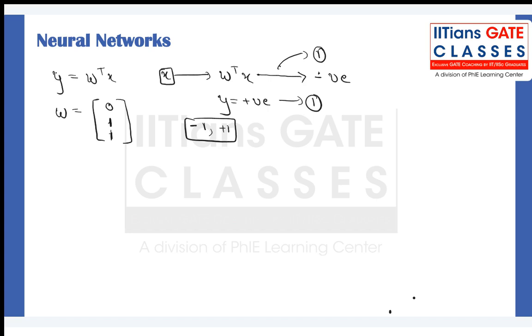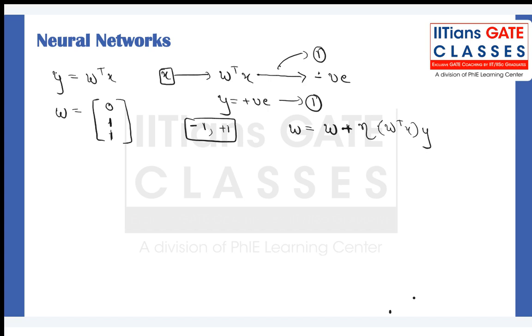So you will update your weight vector accordingly. How will you update? W is nothing but W plus some eta, which is our learning rate, times W transpose X. Again, revise the perceptron model. I've talked about this: how do you update the weight vector, and by updating, how does it become better? This is how you update.